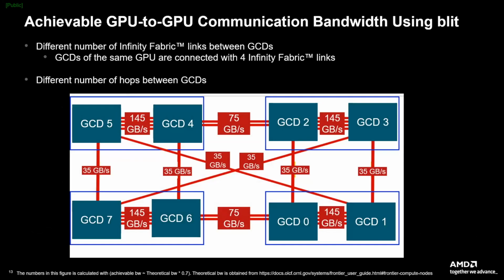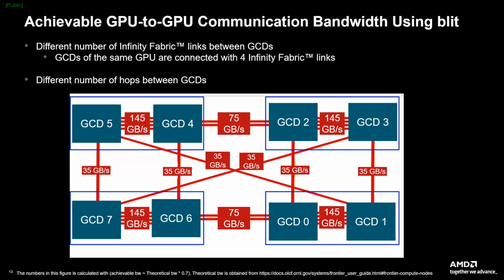In this figure, I'm showing the maximum achievable bandwidth that you can get for communication between the GCDs on LUMI. As you can see, there are different numbers of links between different GCDs. For example, for the GCDs that are located on the same GPU, there are 4 Infinity Fabric links, and the maximum bandwidth that we can get is 145.